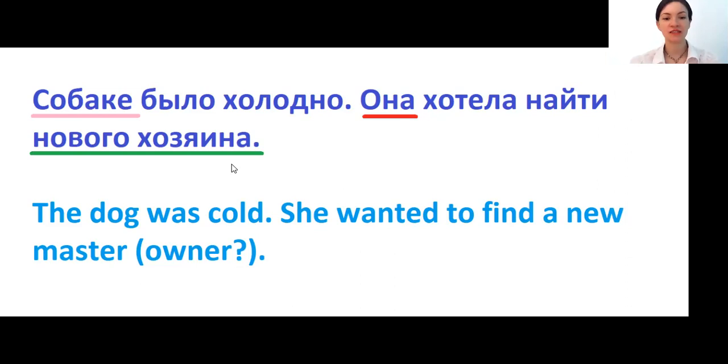Absolutely. But if we talk about animate things, I mean people, right? So you have to change the ending. And in nominative, you have новый хозяин, but in accusative, нового хозяина. That's it. You just need to memorize.